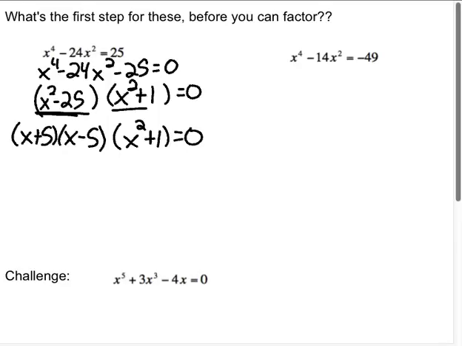Okay, so how does that help us? Well, because this gives us x equals negative 5, that gives us x equals plus 5, which again, you can see are the solutions of that. So if you wanted to, you could just solve that by square rooting if you had wanted to.